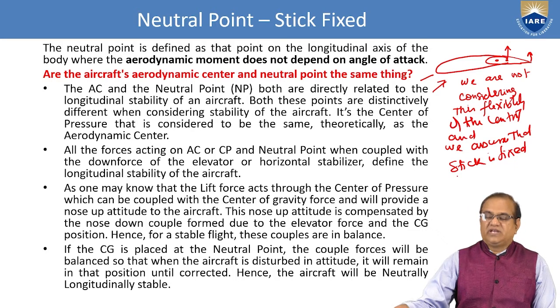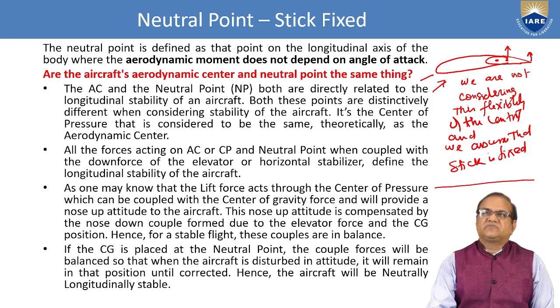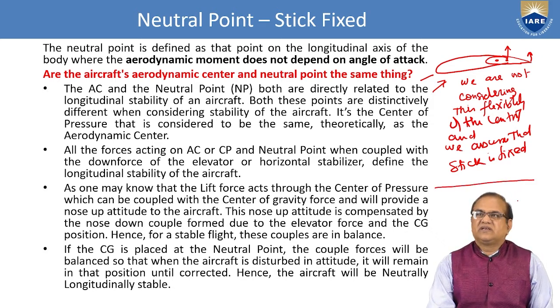Okay, so this we can see here that if this is the longitudinal axis and this is the CG location and this is the AC location, and if we start shifting from here, one position will come where CG will be also on top of this AC.